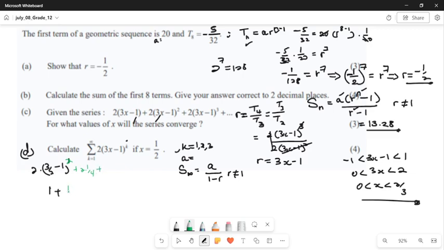And this is just 1 divided by 2. And then for our third term, we'll have a half raised to the power 3, which will be 1 divided by 8, and then 2 times 1 divided by 8, it's 1 divided by 4, and so on.